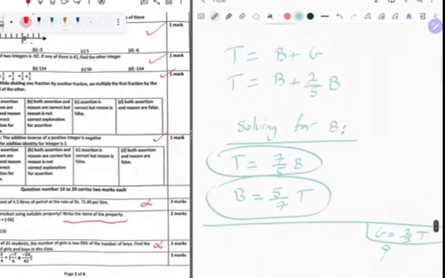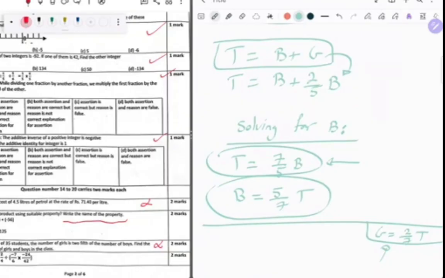Okay, so T, the total number of students, equals the boys plus the girls. Now, we knew that the girls are 2 over 5 of the boys, so the total is 7 over 5 of the boys. I'm solving for b.